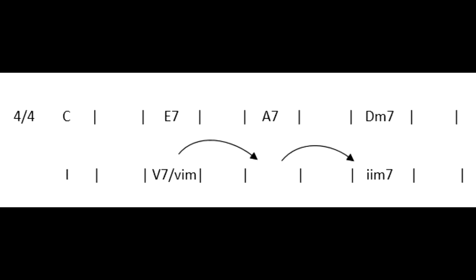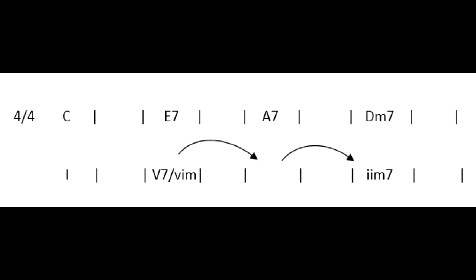And the A7 now in the key of C is what? 5 of D minor. So 5 of 2. Does it resolve there? Yes. So put an arrow again from A7 into D minor, and that's the 2 of 2. So in these first 4 chords you have C, and then E7, and then A7, D minor.